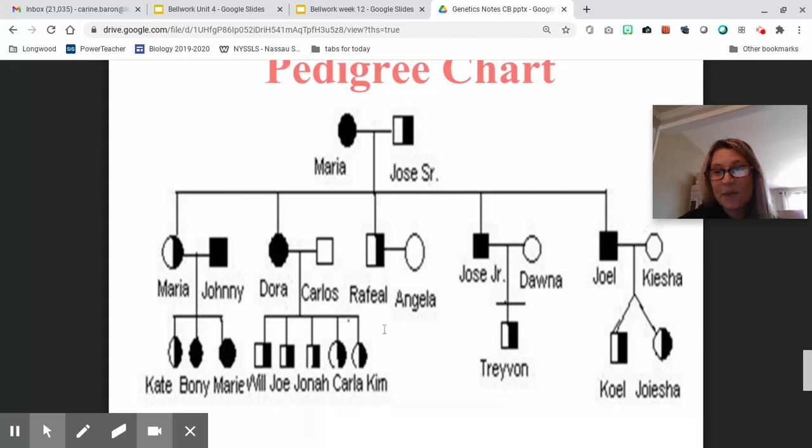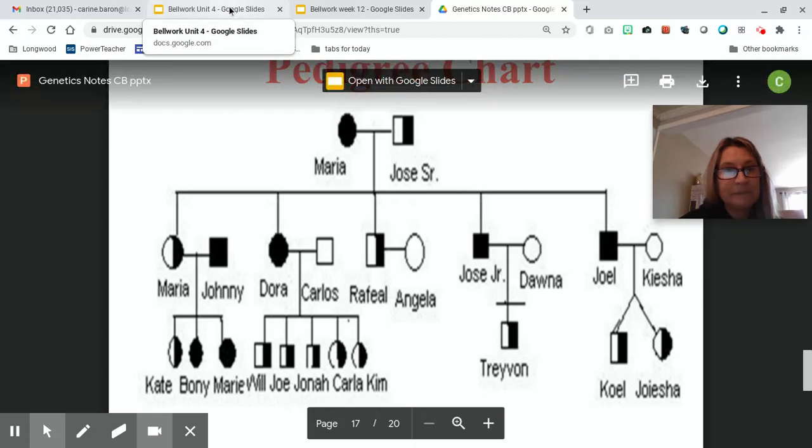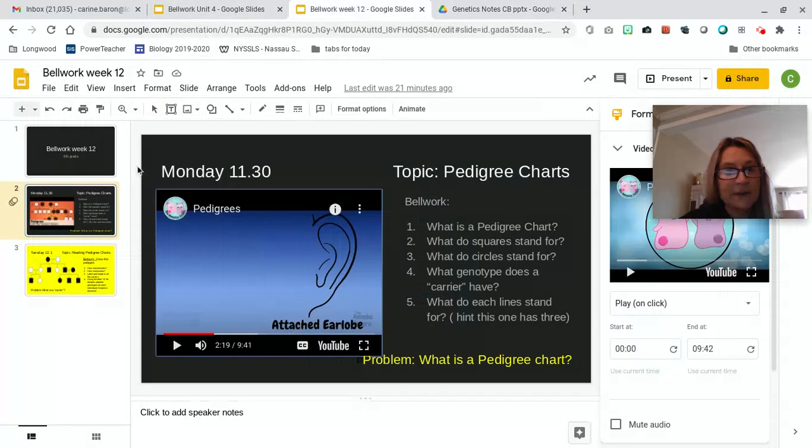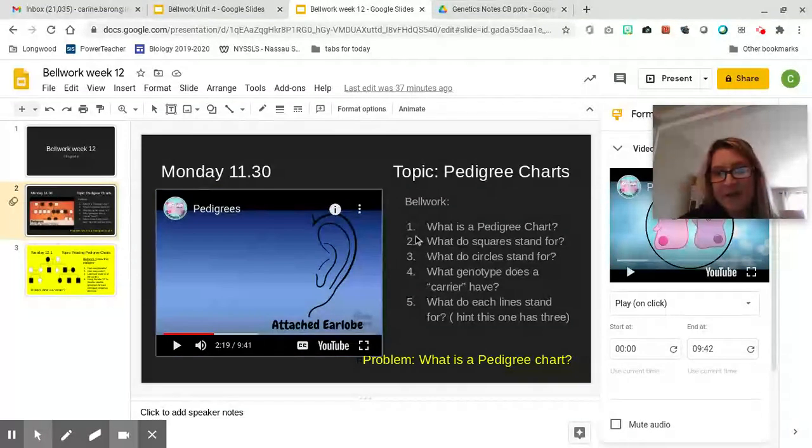What we're going to do is go back to our bell work. Okay, so I have it paused here, but let's go over some of the answers. Number 1 had asked you, what is a pedigree chart? If you didn't get it from the movie, hopefully you got it from the notes just now.